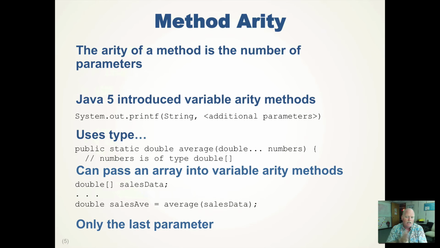It has to be the last parameter, because then Java can figure out how many items are in the arity parameter. So it's got to be the last parameter. You could say string x comma double dot dot dot numbers, and that is fine.